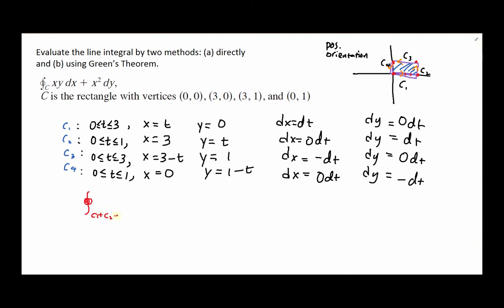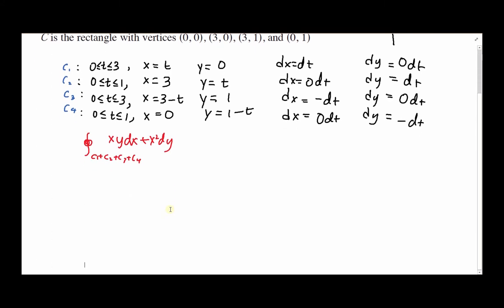We're going to evaluate this over C1, C2, C3, and C4. We're going to combine them in the line integral, and we have to have such an equation. This is a given, and to solve this, I'm going to make it 4 different parts. Starting out with our C1, we set the lower limit and the upper limit to be between 0 and 3.